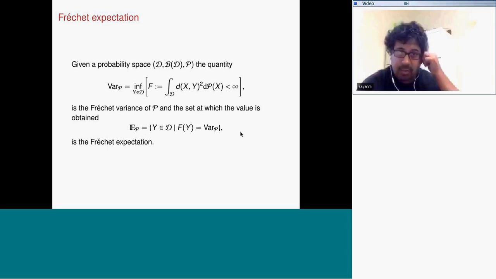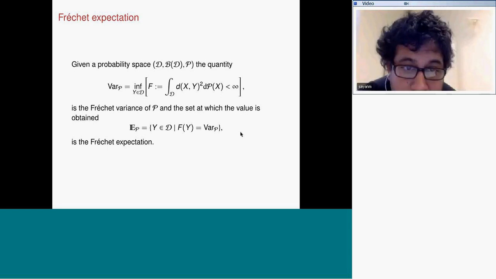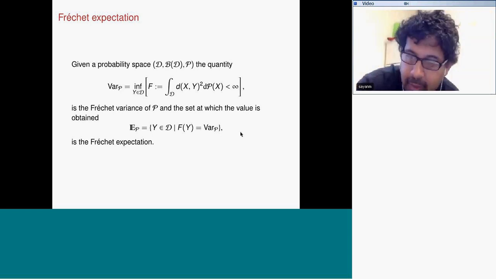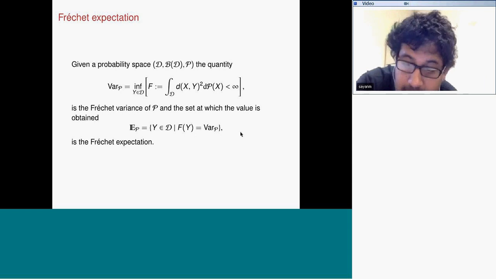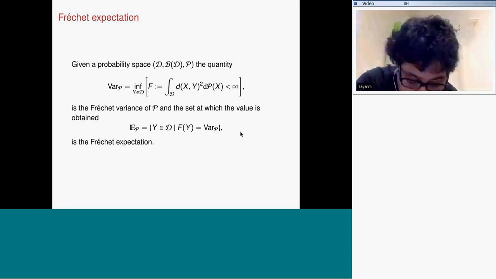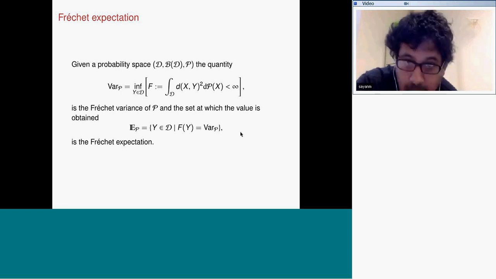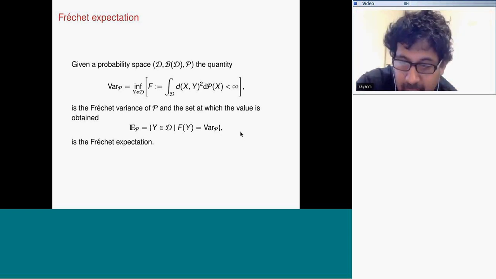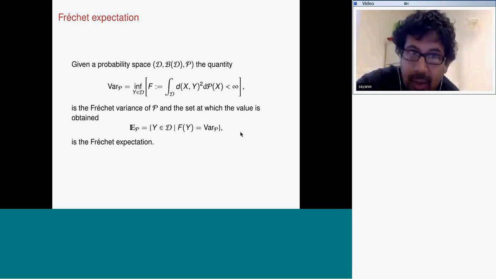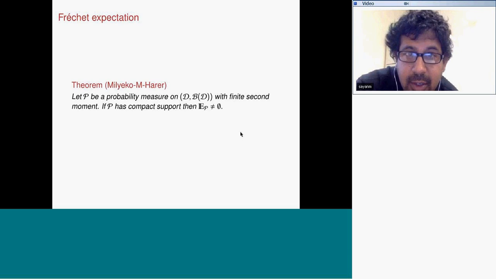You can define Frechet means and Frechet variances here, but the Frechet mean isn't going to be a single mean, it's going to be a collection of means. One of the approaches to get around this is what Peter Bubenik has done, which is to work in a nicer space, something that's Banach, but define a Frechet expectation.